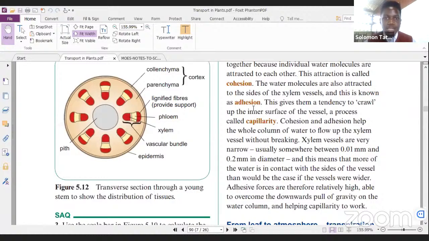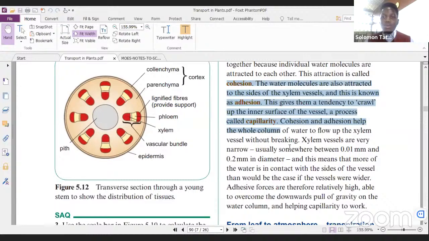I got disconnected a little bit, but hopefully you can hear me now. What really causes the mass flow, or the movement of water molecules in one stream, are some of these forces. We have cohesion, adhesion, and capillarity. Those forces are key in making sure that water moves in one stream in the xylem.